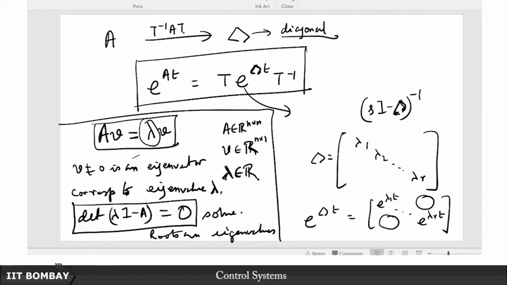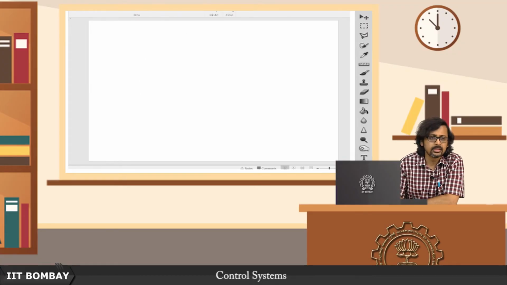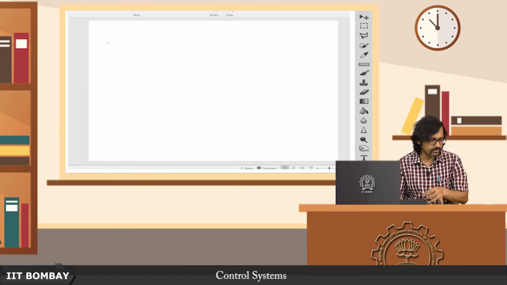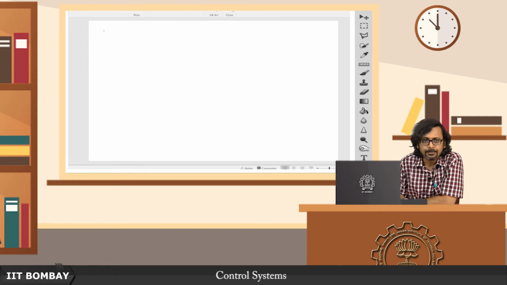So it turns out, why is this eigenvalue important in the context of diagonalization? We have this important result, that this is not a both way result, by the way.